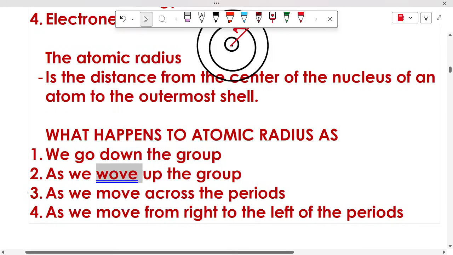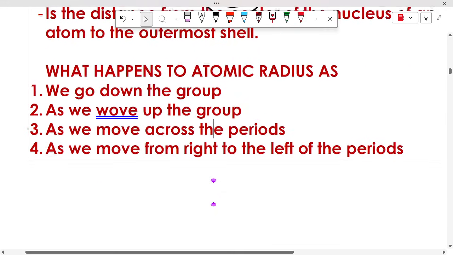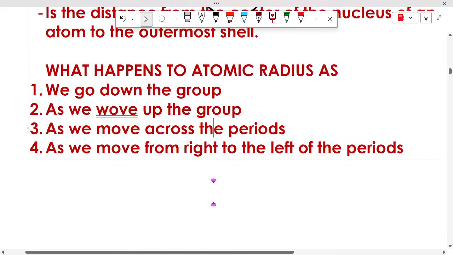We answer this question by looking at the structures as we draw them. As we move down the group, let's start with hydrogen at the top going down. What happens to the atomic radius?